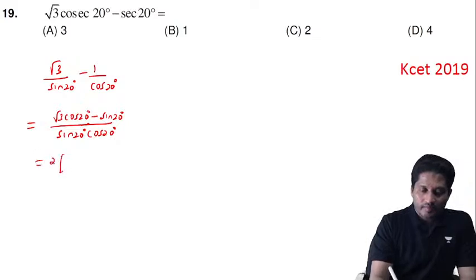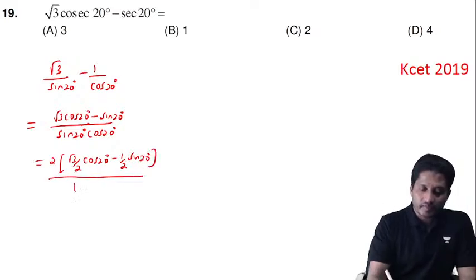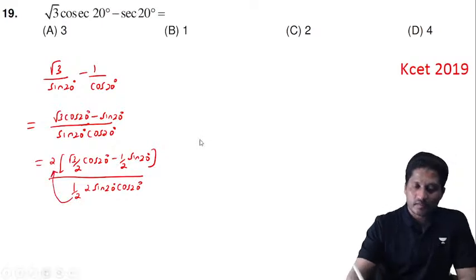Alright, I'm going to multiply and divide by 2. Root 3 by 2 into cos 20 minus 1 by 2 into sin 20, whole divided by, here also multiply and divide by 2, you get 2 sin 20 into cos 20. Right, this goes to numerator, I'll get 4.